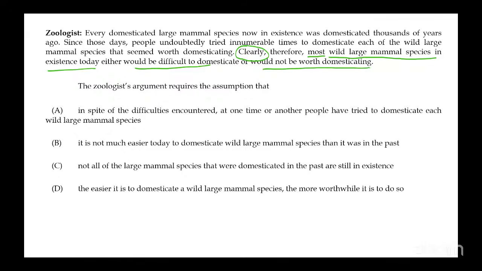So let's say there were some species which they weren't able to domesticate, right? Let's call it past failure. Failure in the sense they weren't able to domesticate. So, past failure to domesticate some species.